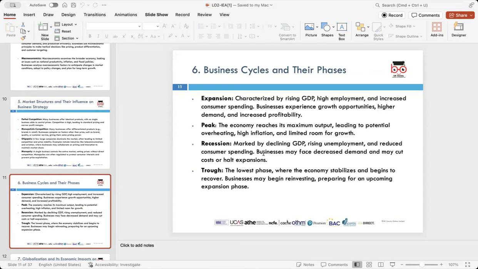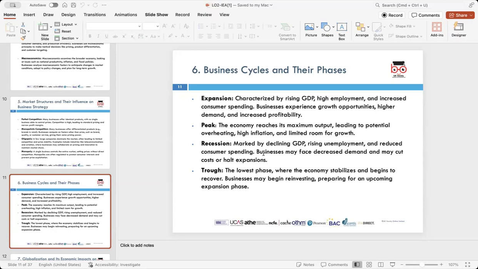Okay, business cycles and their phases. Expansion. During the expansion phase, economic activity rises, leading to a higher GDP, increased employment, and strong consumer spending.